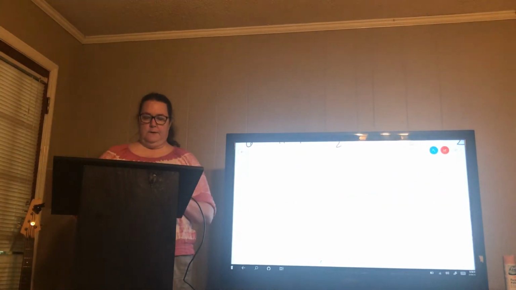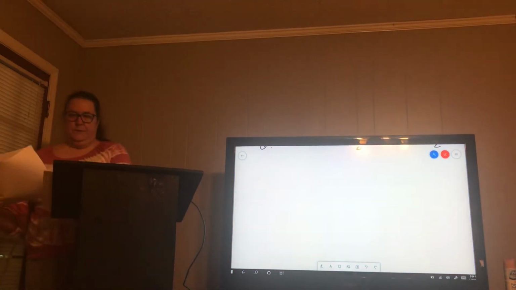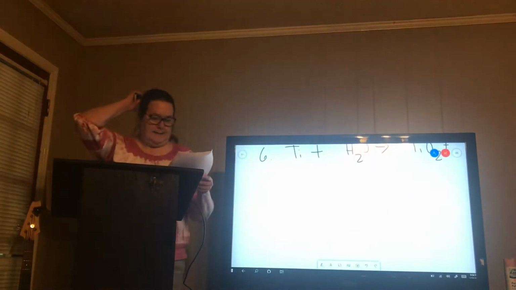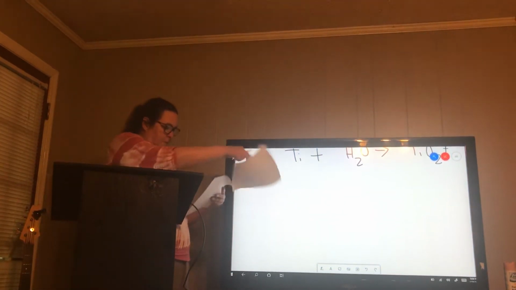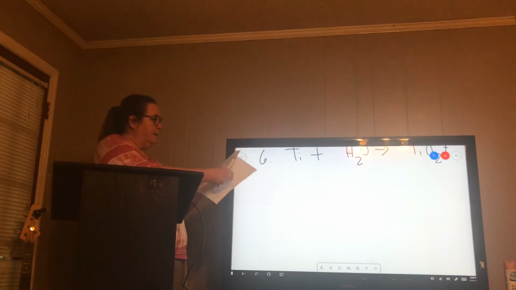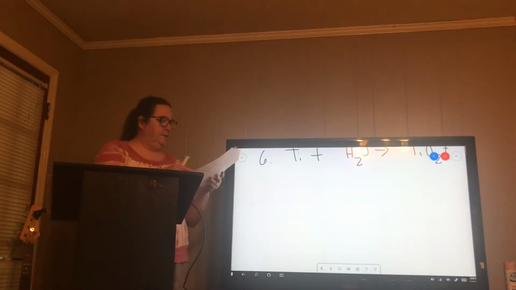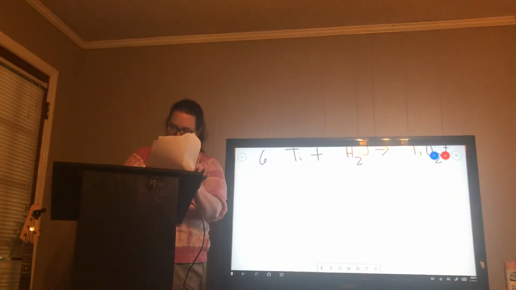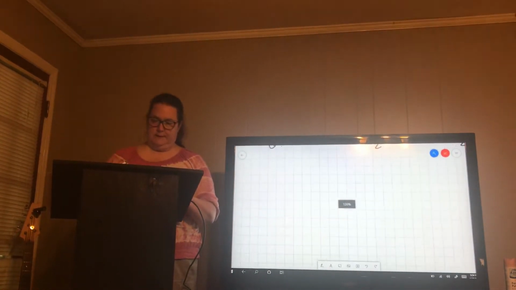So now I'm going to go to the worksheet that says stoichiometry worksheet and key. And I'm going to come down to number where it starts with 16. And let me get some more. Oops, I dropped that paper. Just a minute. Let me pick it up.